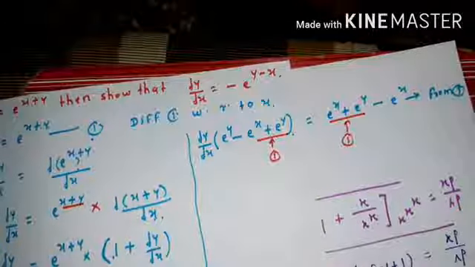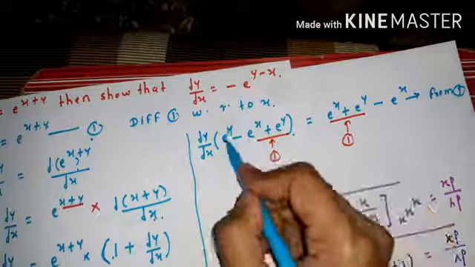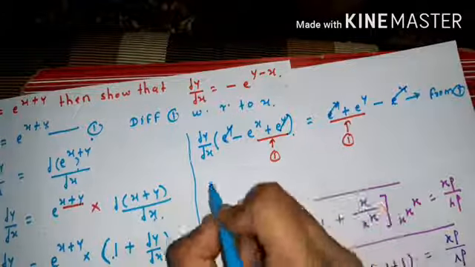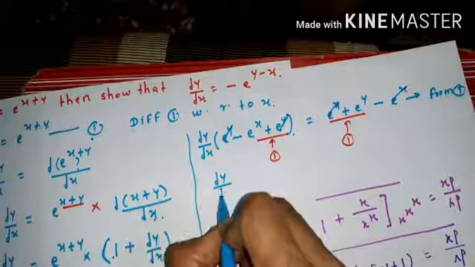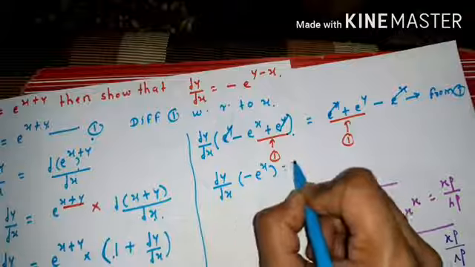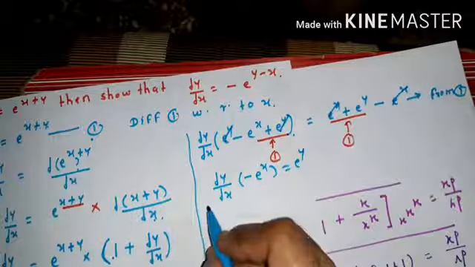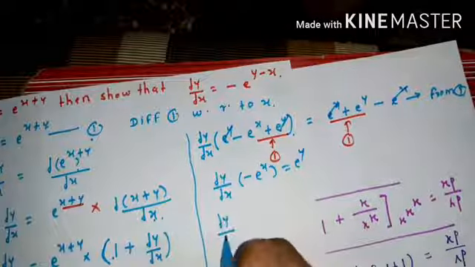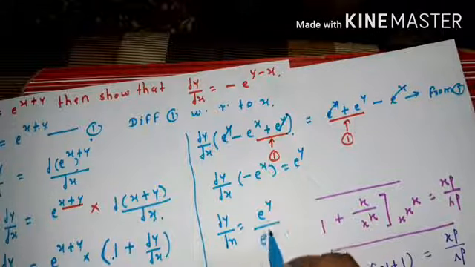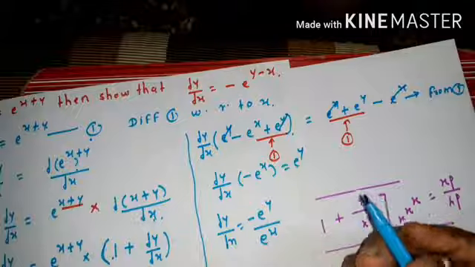Okay students, and now e raised to y gets cancelled, e raised to x gets cancelled, and dy by dx into minus e raised to x equal to e raised to y, and therefore dy by dx equal to e raised to y upon e raised to x with negative sign.